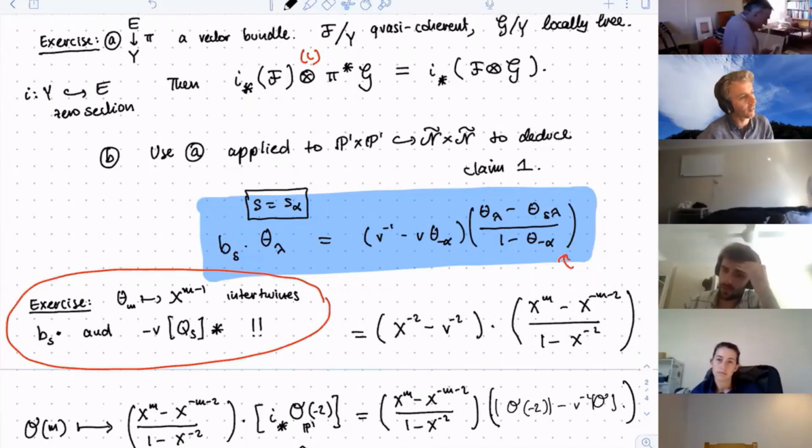Now let's see if the longest element is involved. We take some expression, and we want to say that if it acts by 0, then it's 0. Let's first argue that the coefficient of the longest element is 0.